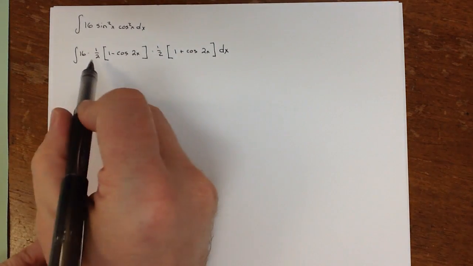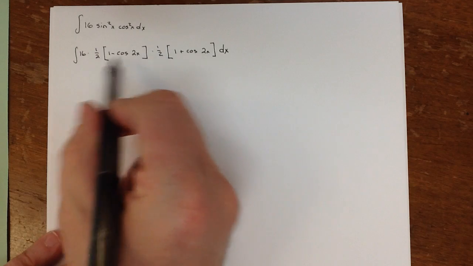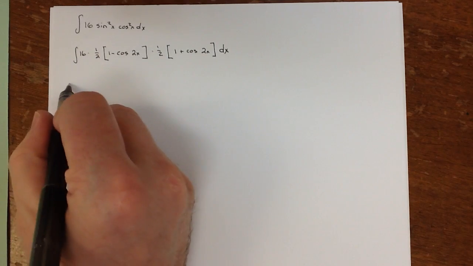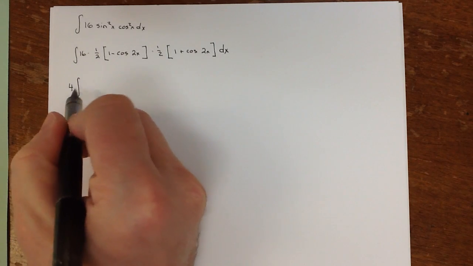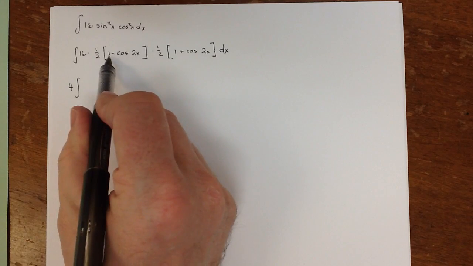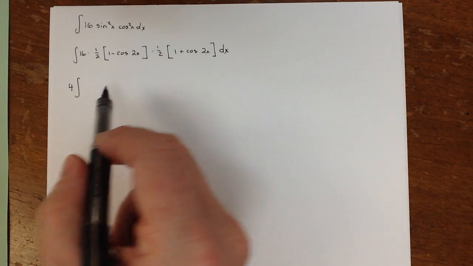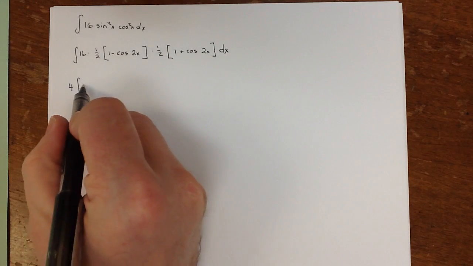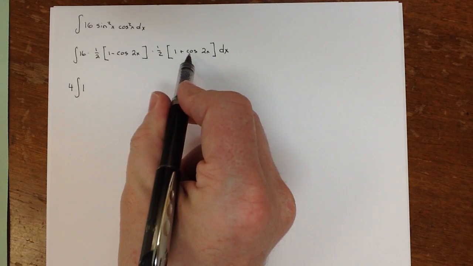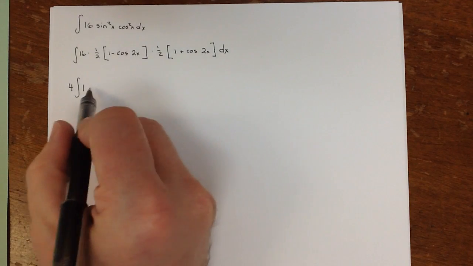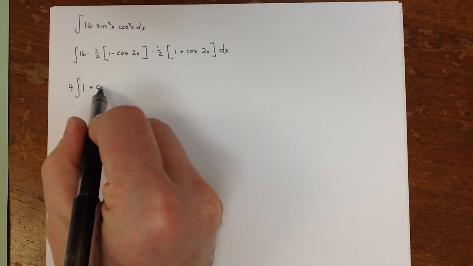And now, let's see, the 1/2 times 1/2 times 16 gives us a 4. And then if I multiply this together with that, I have to FOIL it. So 1 times 1 is 1. Then I get plus cosine 2x.